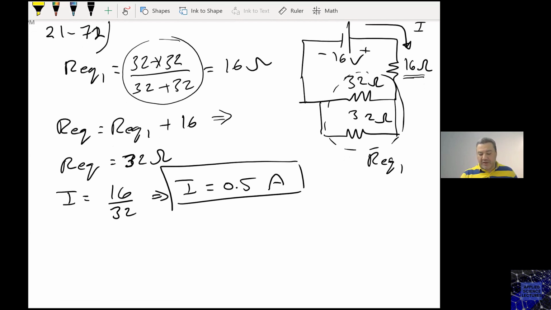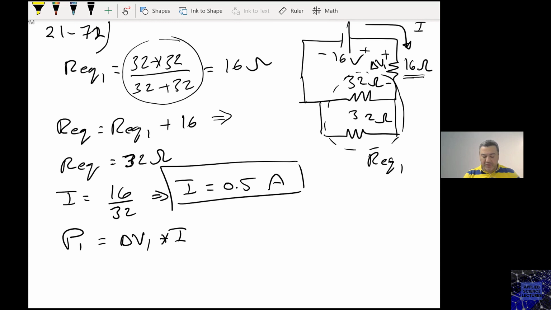Now I can find the power dissipated in the 16. I can find the potential difference here. So if this is plus minus, and I'm calling this one delta V1, then power 1 is delta V1 times I. Remember, for the resistor, the current enters the positive terminal, leaves the negative terminal.